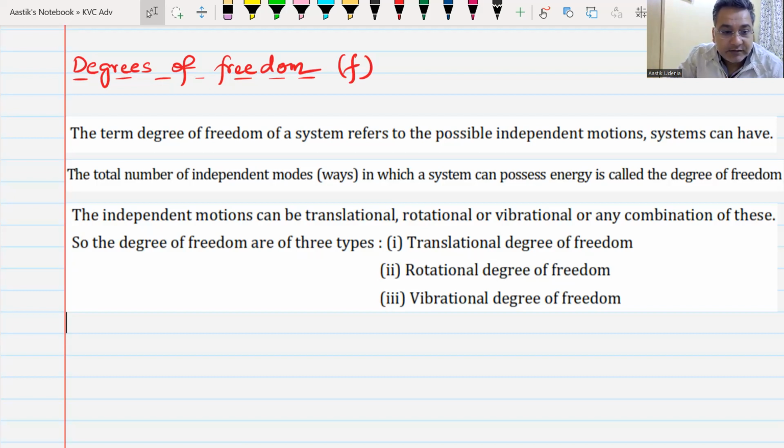Degrees of freedom: the number of possible ways in which a gas particle can have energy.